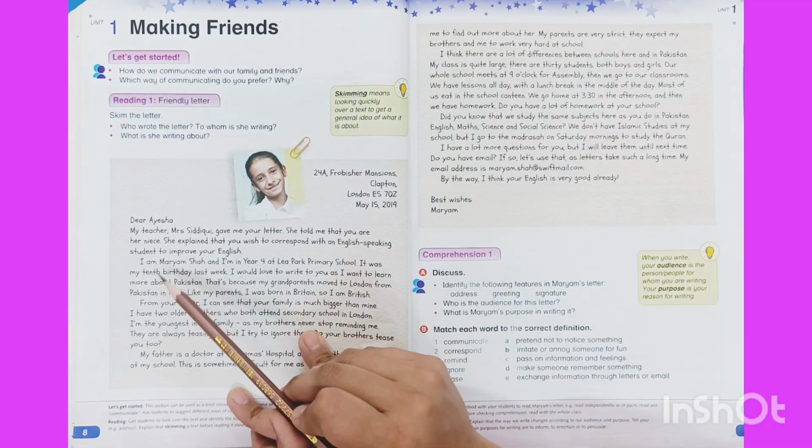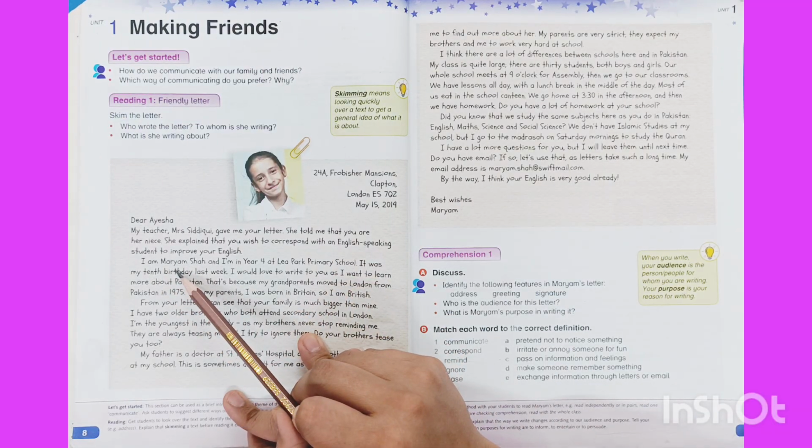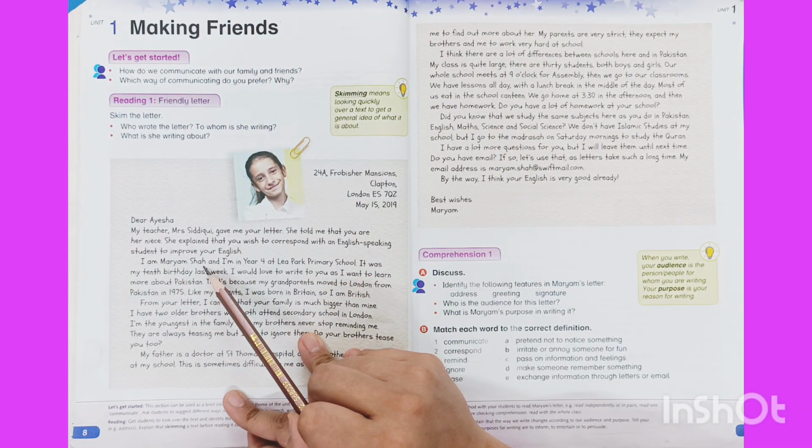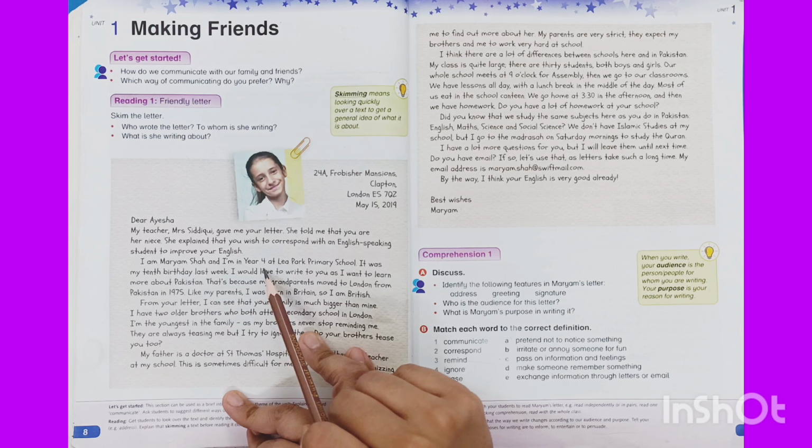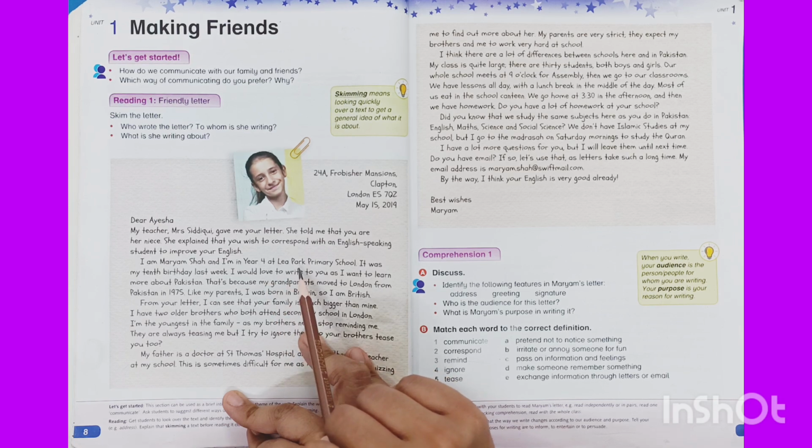So I am Mariam Shah. The writer is Mariam Shah, and I am in year 4 at Lee Park Primary School.